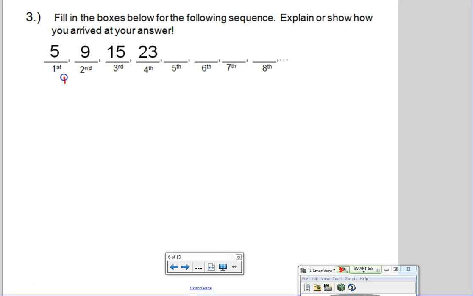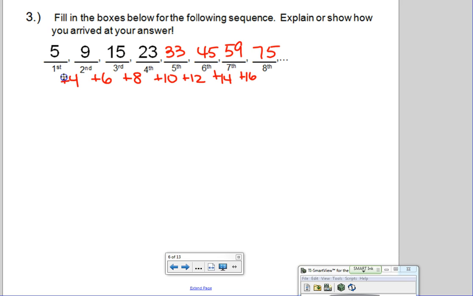Well, we can always try adding first. Adding 4, adding 6, adding 8, and then it looks like it's adding even numbers at this point. All right, so these are following a pattern, but not an arithmetic or geometric.